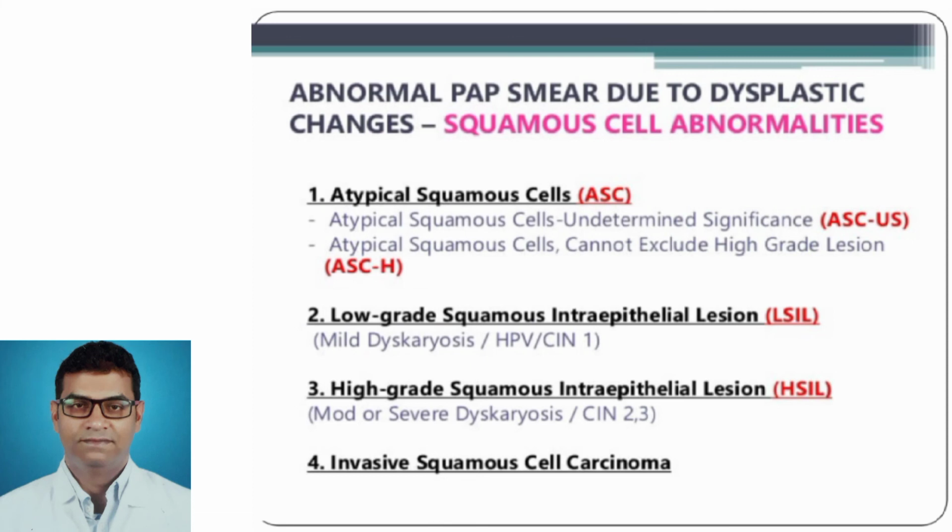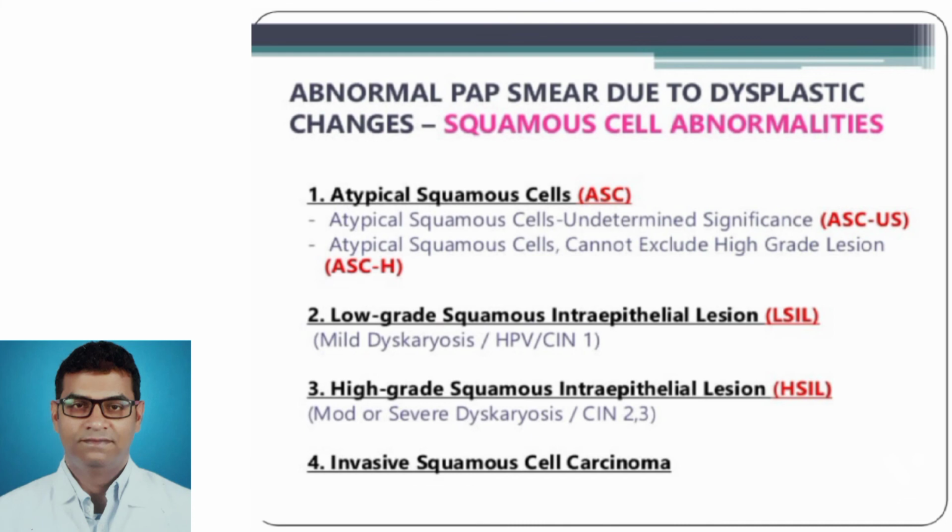Squamous cell abnormalities include atypical squamous cells, ASC. It can be ASC-US, that is undetermined significance, or ASC-H, that is atypical squamous cells, cannot exclude high-grade lesion. And next, LSIL, low-grade squamous intraepithelial lesion.